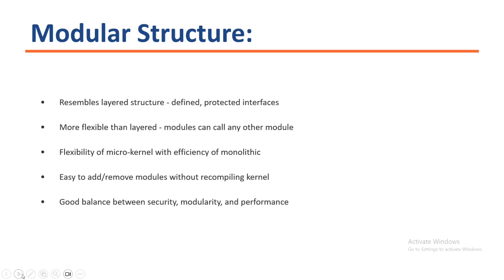Monolithic efficiency means fast performance because in a monolithic system everything runs together directly. Then, easy to add or remove modules without recompiling the kernel. Recompiling means rebuilding the entire kernel's code from scratch. It is a slow technical process.